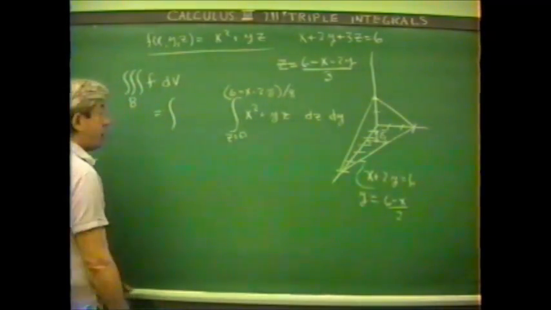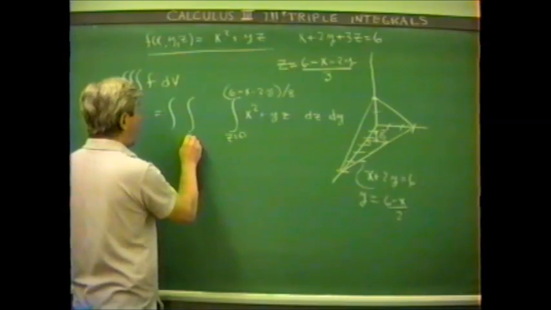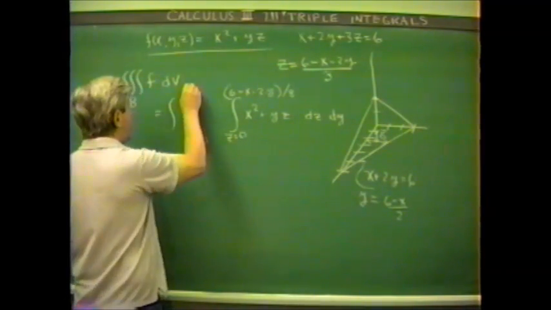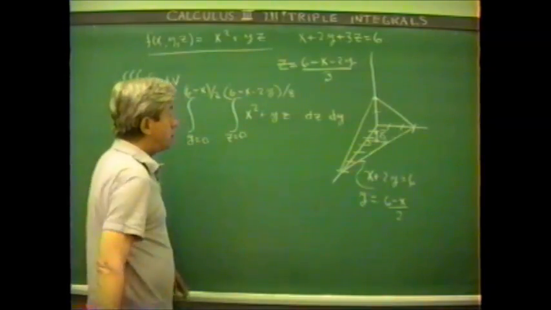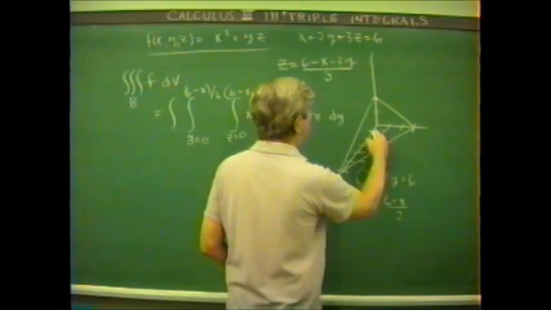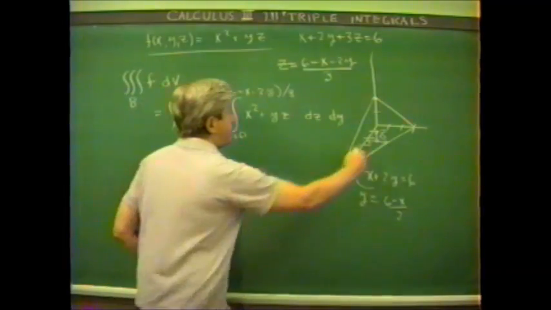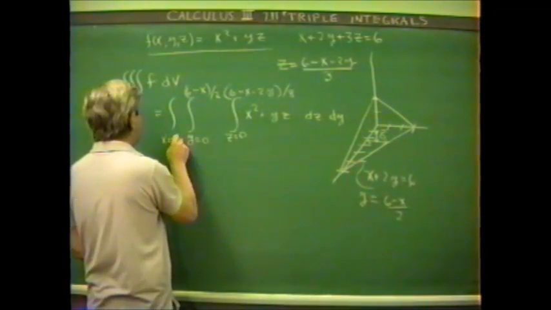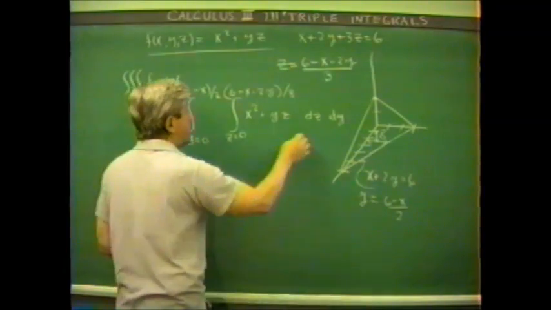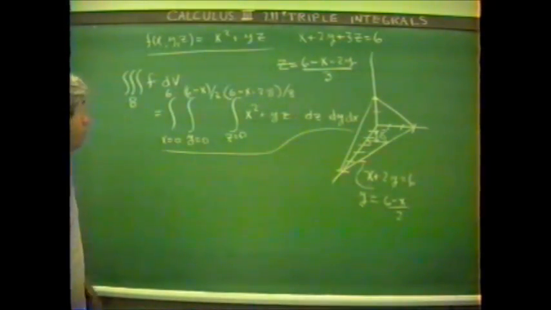So we now wish to integrate from y equals 0 to y equals 6 minus x over 2. We'll now have integrated with respect to y and with respect to z. Finally, we wish to integrate with respect to x from one end to the other here, that's to say from x equals 0 to x equals 6. And this then is going to give us the integral.